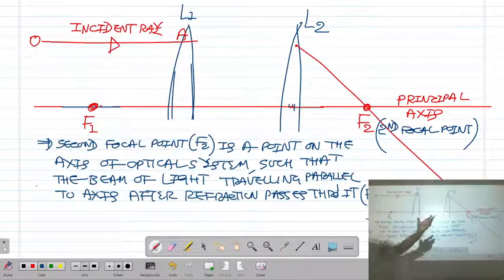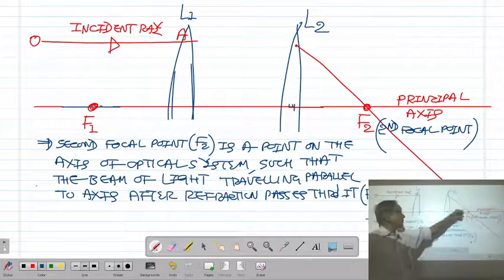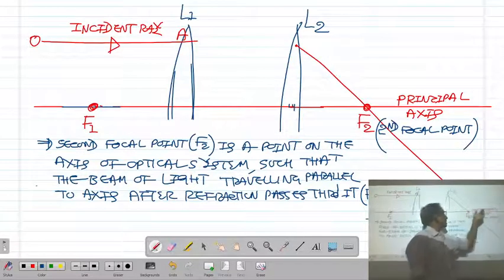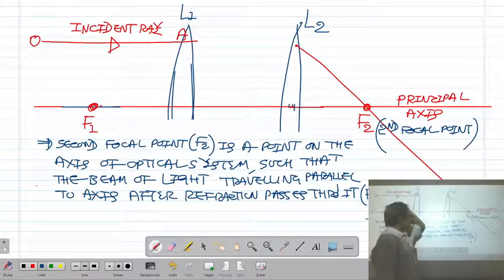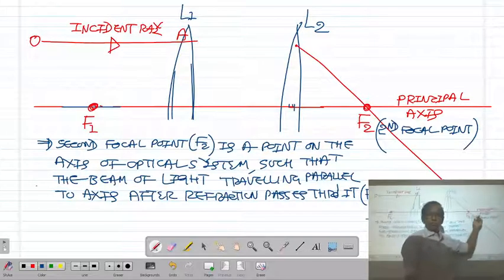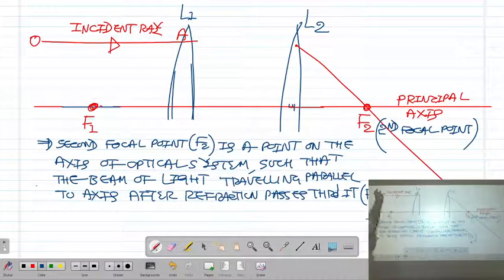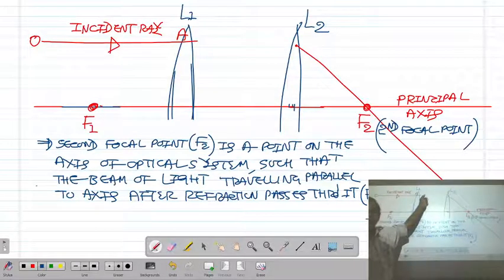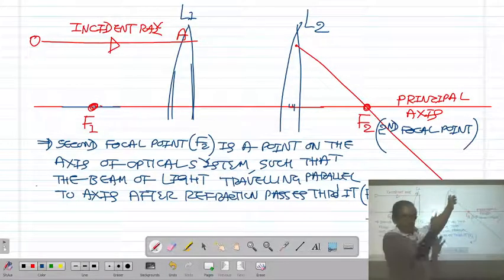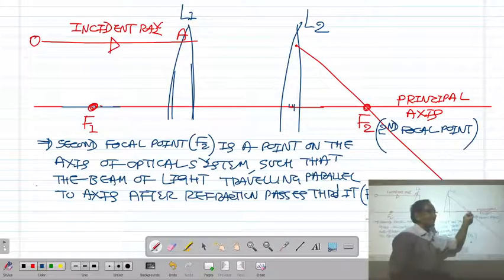So this is the characteristic of the second focal point F2 on the principal axis of the optical system. The second focal point F2 is a point on the axis of the optical system such that the ray of light traveling parallel to the axis, after undergoing refraction through the lens system, always passes through the second focal point F2.